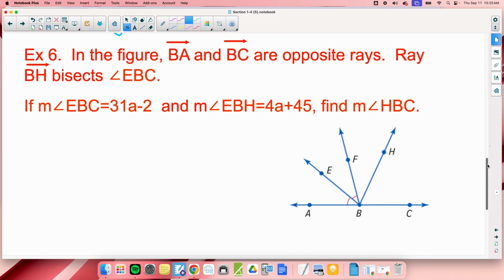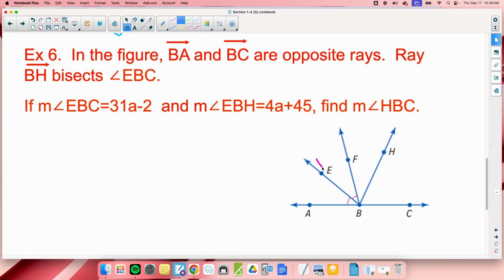One last one. Okay, this one is saying, in the figure, BA and BC are opposite rays. That just means this is a straight line. Ray BH bisects angle EBC. Okay, so here's what we're going to do. EBC is this angle, and they're telling us BH bisects this angle.